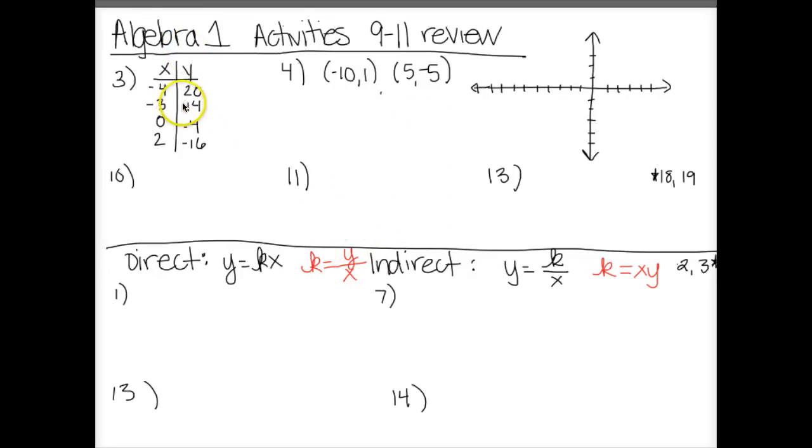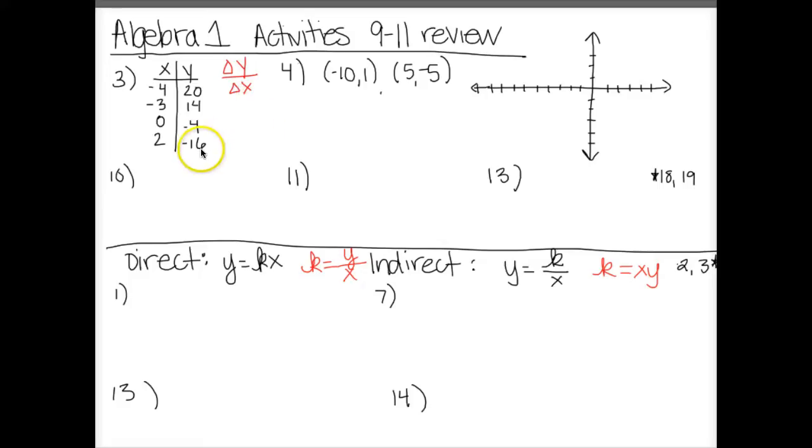In number 3, they gave you the table and it asked you to calculate the slope. Of course we calculated slope a bunch of different ways, but from the table, remember that slope is delta y over delta x.